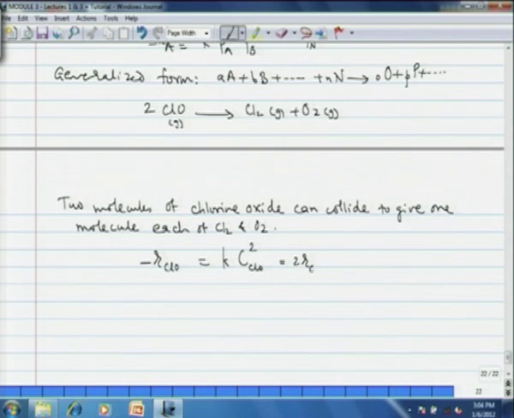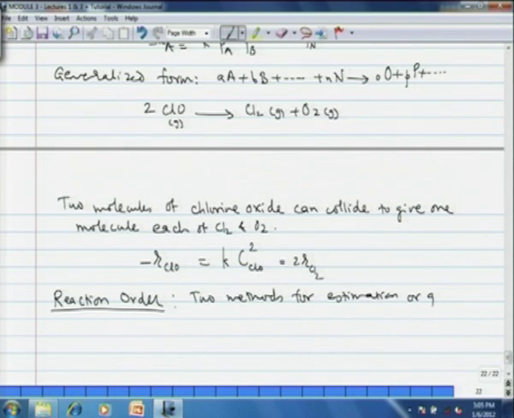which could be 2 times the rate with respect to Cl2. Now, a major quantity here is the reaction order. There are 2 methods for estimating the reaction order, or let us say quantification of reaction order.